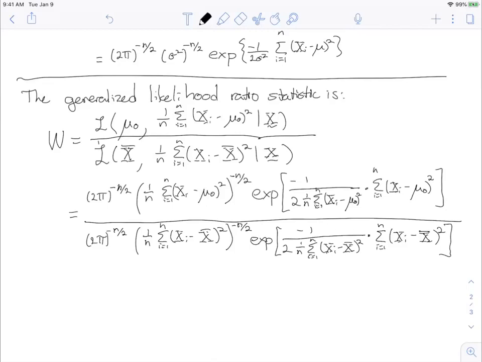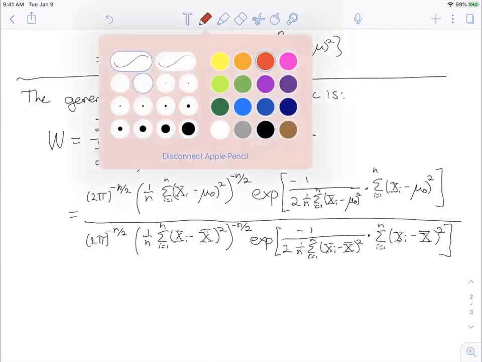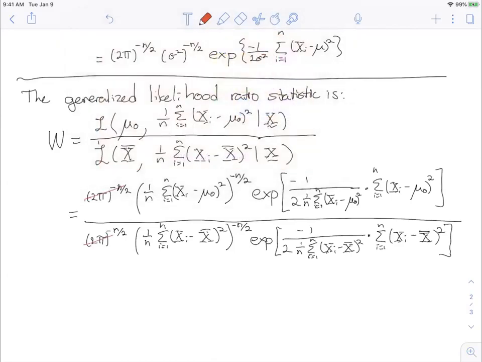Okay, so there's a lot of simplification that I can do now. The first thing I can cross out is the 2 pi to the n over 2's from the numerator and denominator. Inside of the exponent, in the numerator, I've got a 1 over n sum i equals 1 to n xi minus mu0 squared, and that cancels with that same term there. So I can cross those two out. And similarly, I can cross those two pieces out.